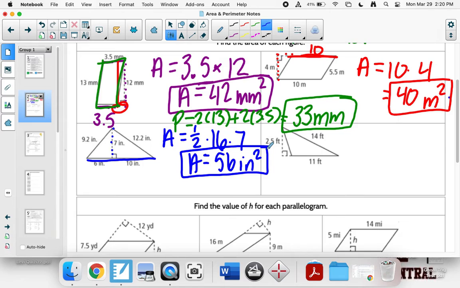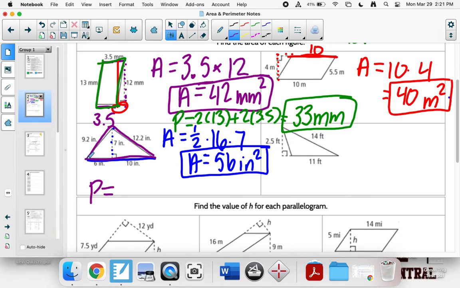So like I said, you can find the parts and then add them together, but that just seems like a waste of time. But I'm just being honest. And then our perimeter, we already know on one side we said this was how long? 16. And then what else do I add to find perimeter? 12.2 and 9.2. Am I adding or multiplying? Adding.